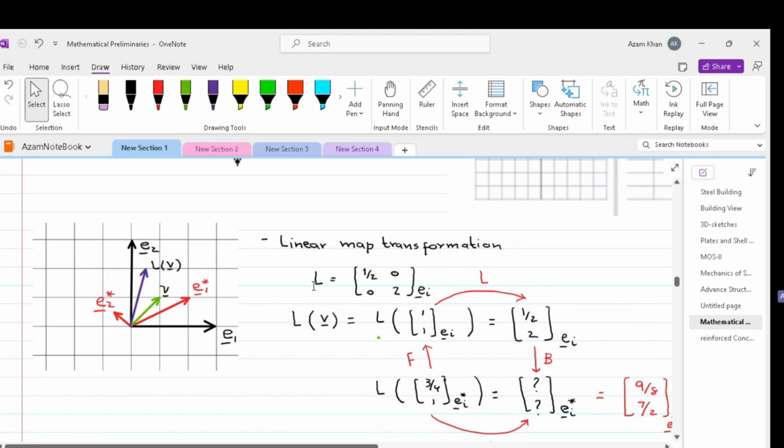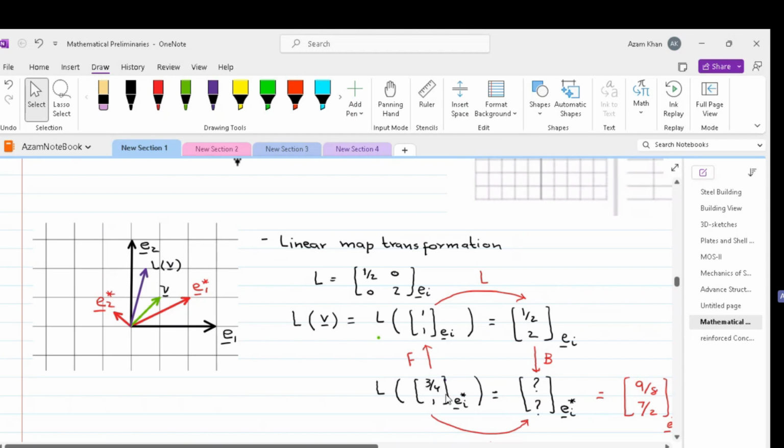Imagine we have a linear map which is defined in the Ei system. Imagine we want to find out the linear map of a vector which is in the new basis. So we have a vector in the new basis, and we want to find the linear map of that vector in the new basis.